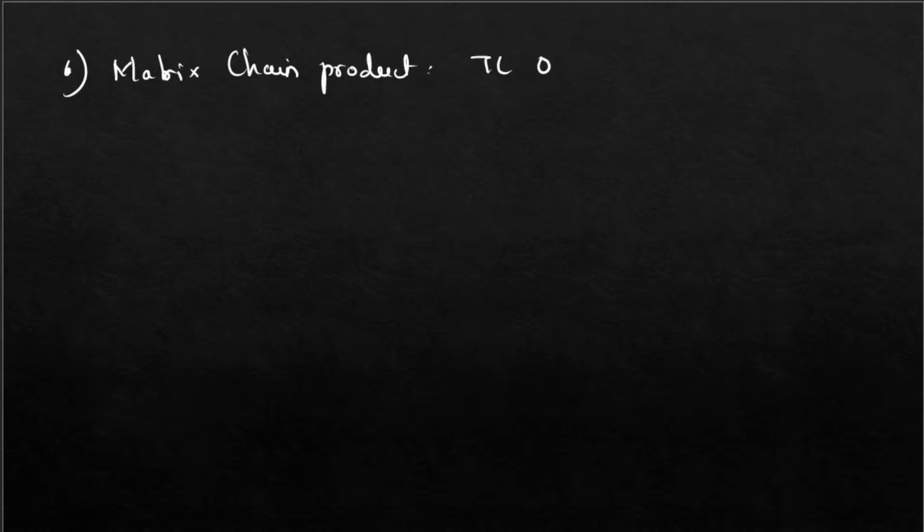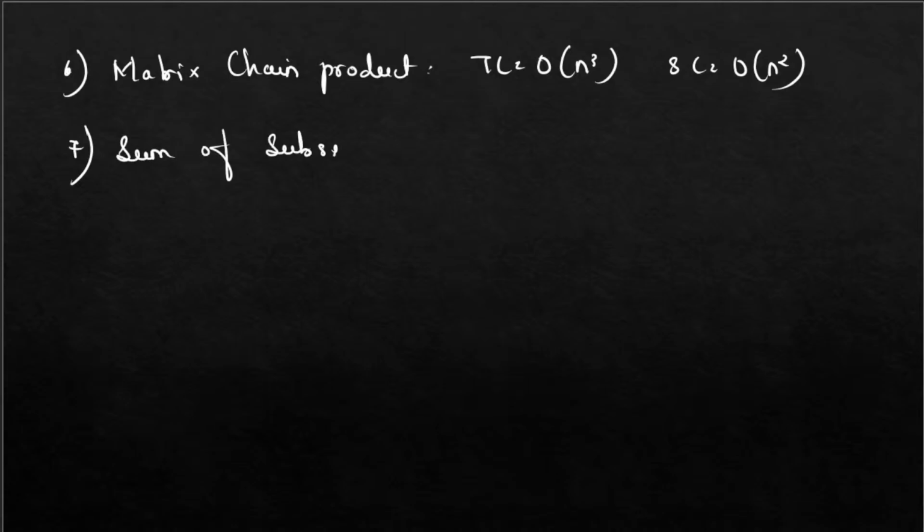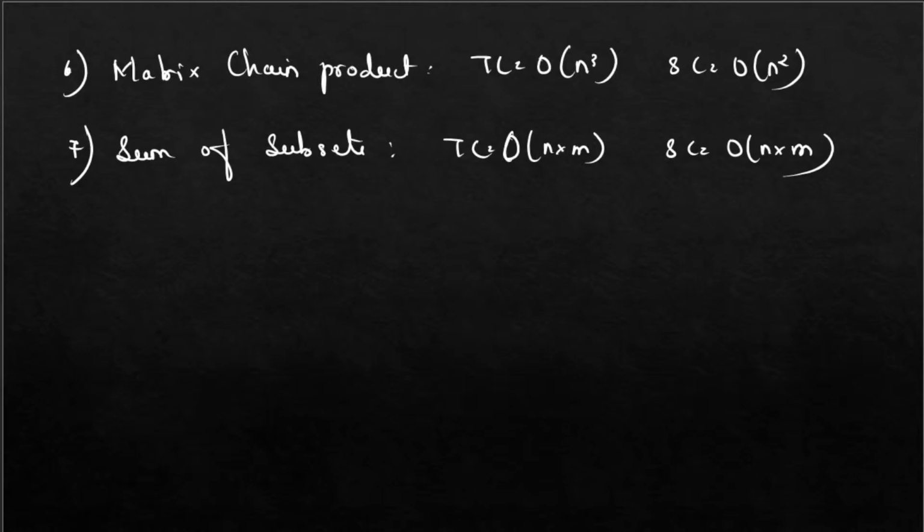So time complexity is big O of n cubed, space complexity is big O of n squared. Seventh is sum of subsets. So time complexity is big O of n times m, space complexity is big O of n times m. Okay. Now let's note a few points for this.